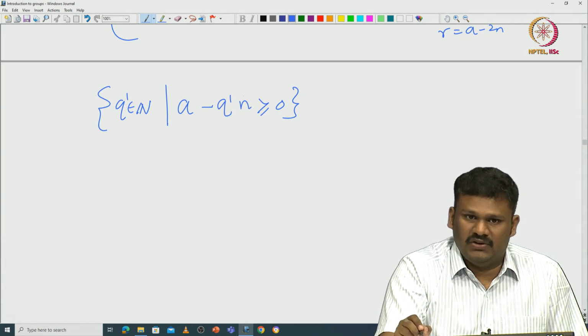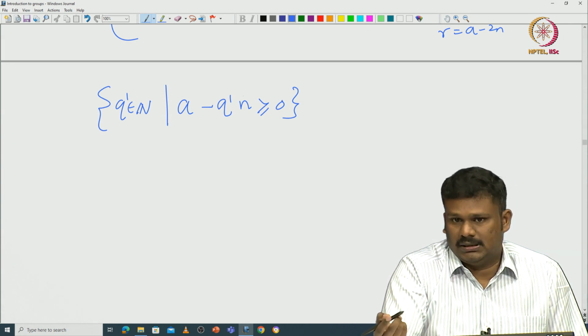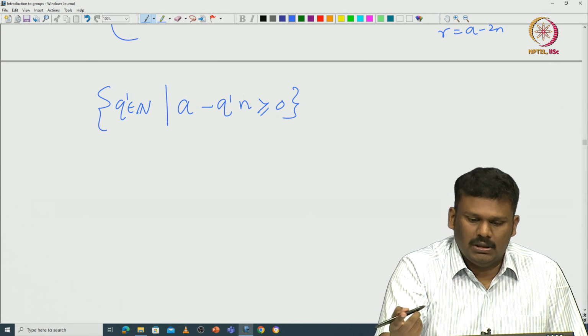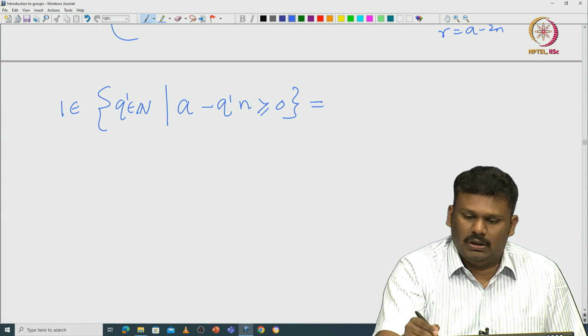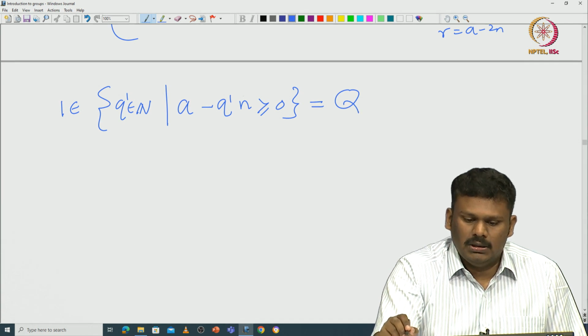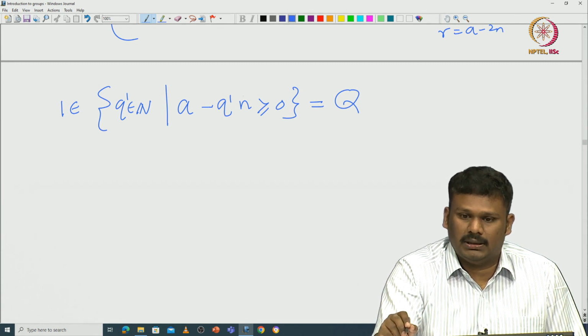Because we assume that A is greater than or equal to n, A minus n is at least greater than or equal to 0. So note that 1 is in this set, and this set I am going to call capital Q. Now note that this capital Q has to be finite. That is the most important thing.